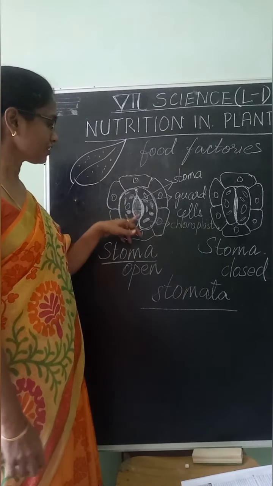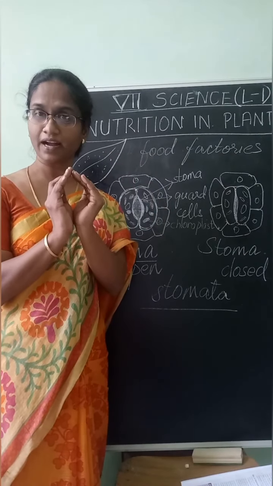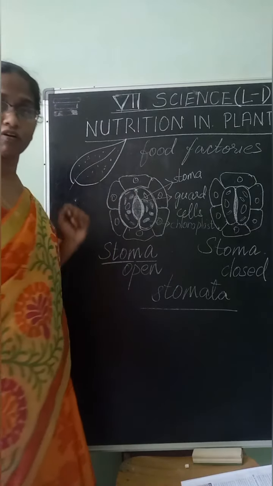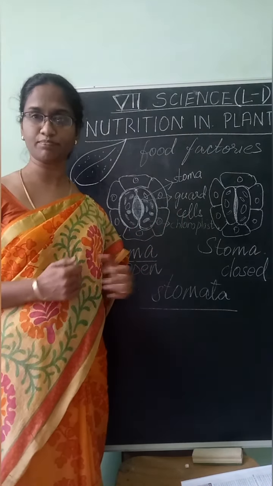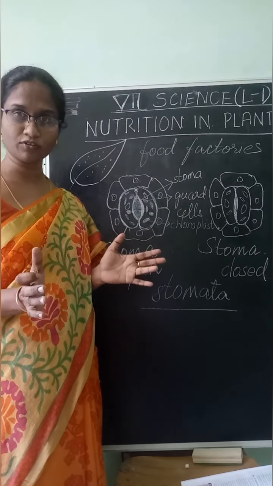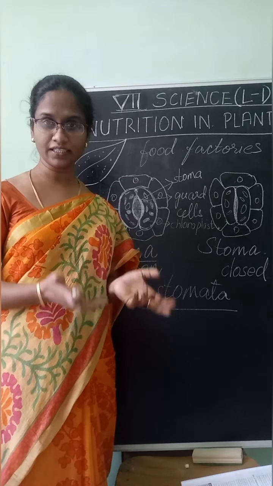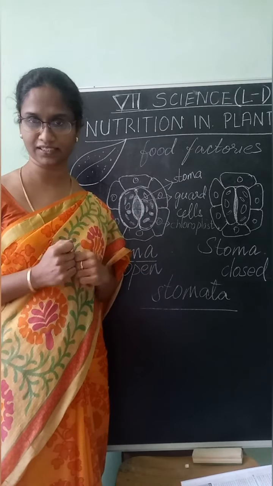Okay, children, this stoma is guarded on both the sides by bean-shaped cells called the guard cells. Bean-shaped or kidney-shaped cells called the guard cells. Now, under the microscope, you can see the guard cells very clearly. The reason is the guard cells have plenty of chloroplasts in them.